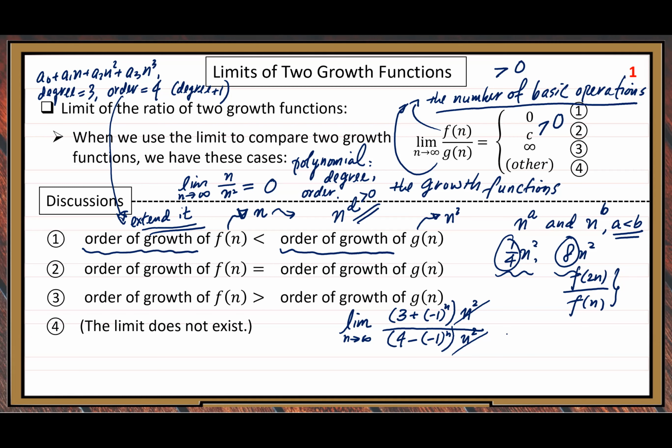Why does it not exist? Because it depends on whether n is even or odd. Let's say n is even first, for example n equals 0: the numerator is 4, the denominator is 3.